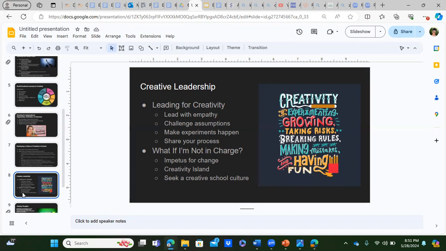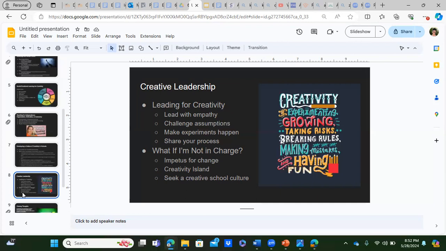And then lastly, if you cannot create change in your school, if your leader shuts down your ideas and you don't feel that there's a way to grow in that environment, seek a creative school culture. That may mean changing schools. That may mean looking for other departments in which you could serve within your district.